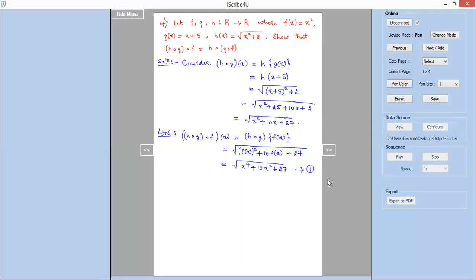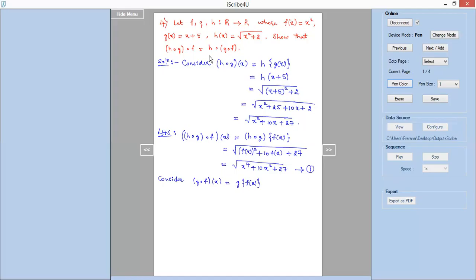Now on the same lines we will do with the RHS. When we observe the RHS, we have a bracket for g composition f. So first we consider g composition f on the element x and we obtain it, then we consider the entire RHS and obtain the answer. So consider g composition f of x, and that is g of f of x.